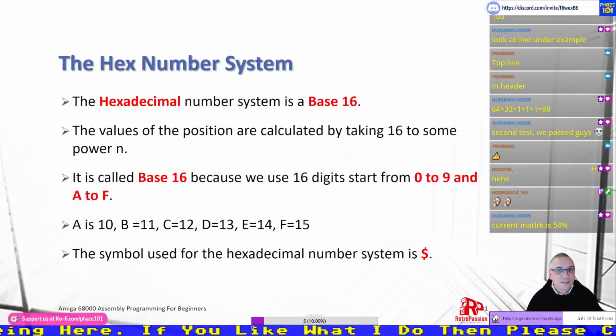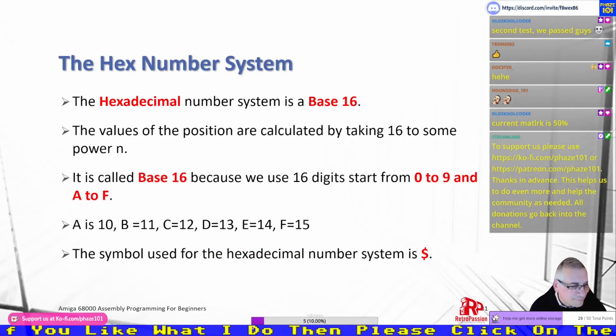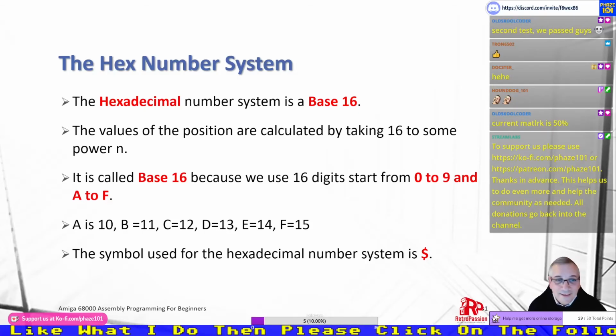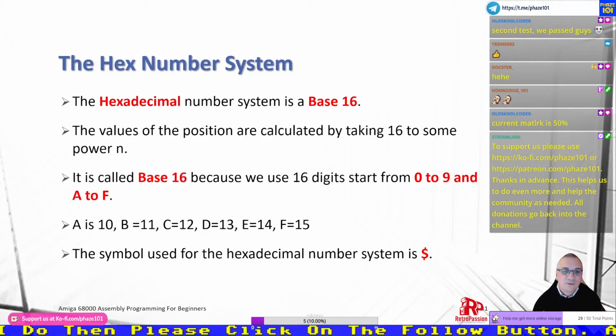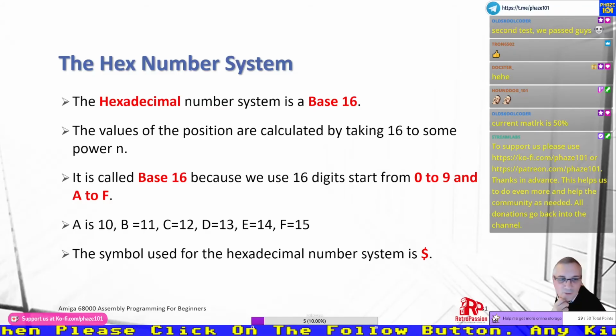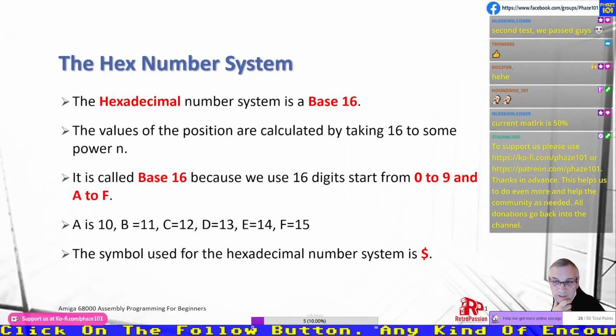So, the hexadecimal number system is base 16. The values of the position are calculated by taking 16 to the power of n. It is called base 16 because we use 16 digits.